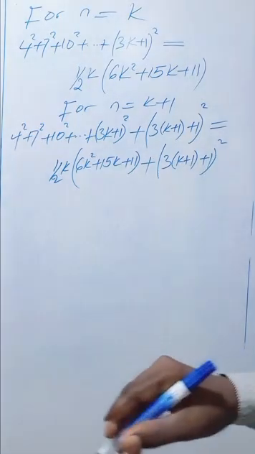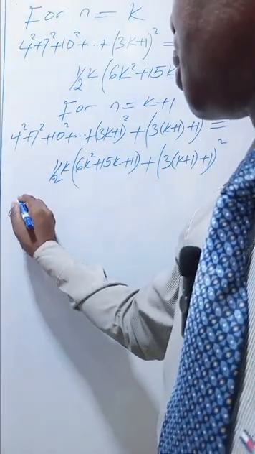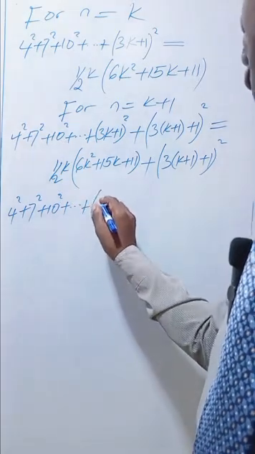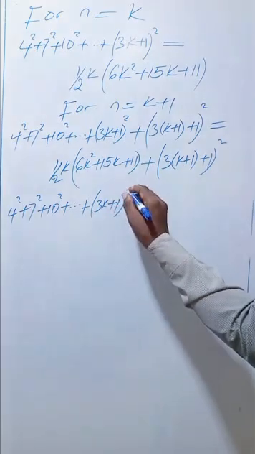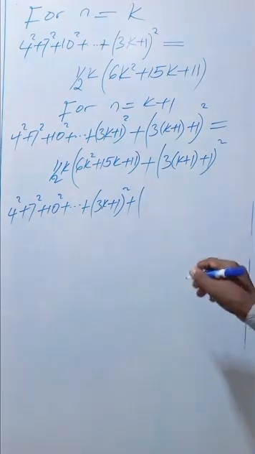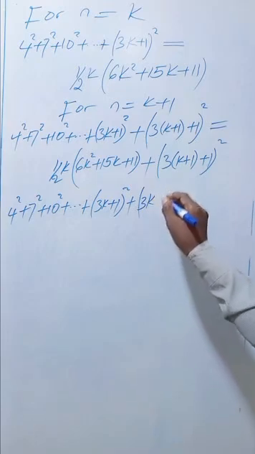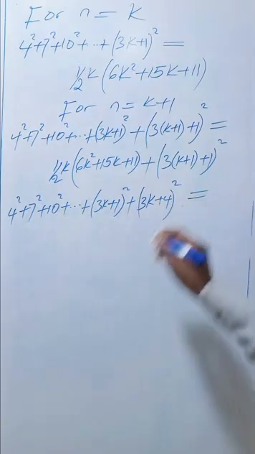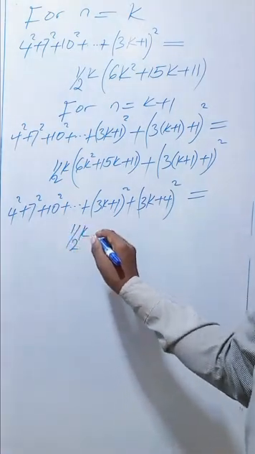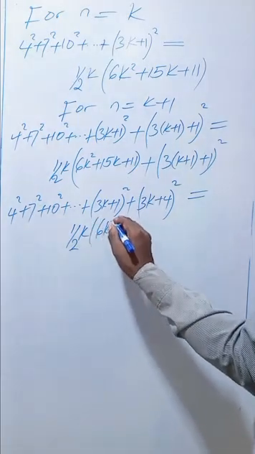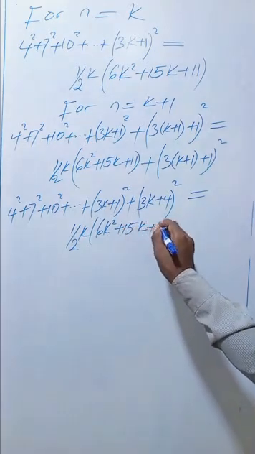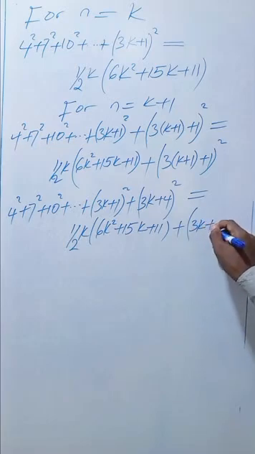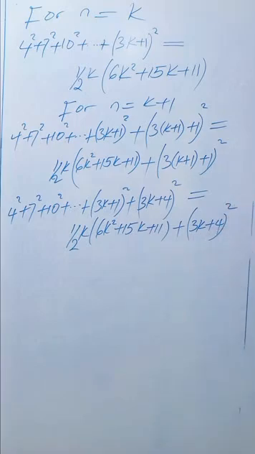So the left hand side we get 4 squared plus 7 squared plus 10 squared dot dot, then (3k plus 1) squared, plus here we shall have 3k, then 3 times 1, that is 3, plus 1, which is 3k plus 4, squared, equals the right hand side, which is a half k into bracket 6k squared plus 15k plus 11, then plus the same term, which is (3k plus 4) squared.